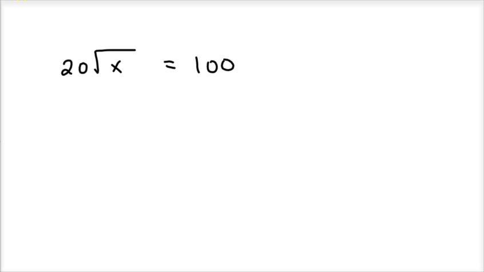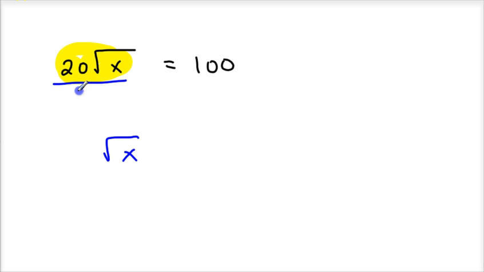Let's bring it up a notch. 20 times the square root of x equals 100. Whenever you see a coefficient in front of your radical sign, it's multiplication. My first goal is I want to get the square root of x by itself. I don't want that 20 there. How do I get rid of that 20?